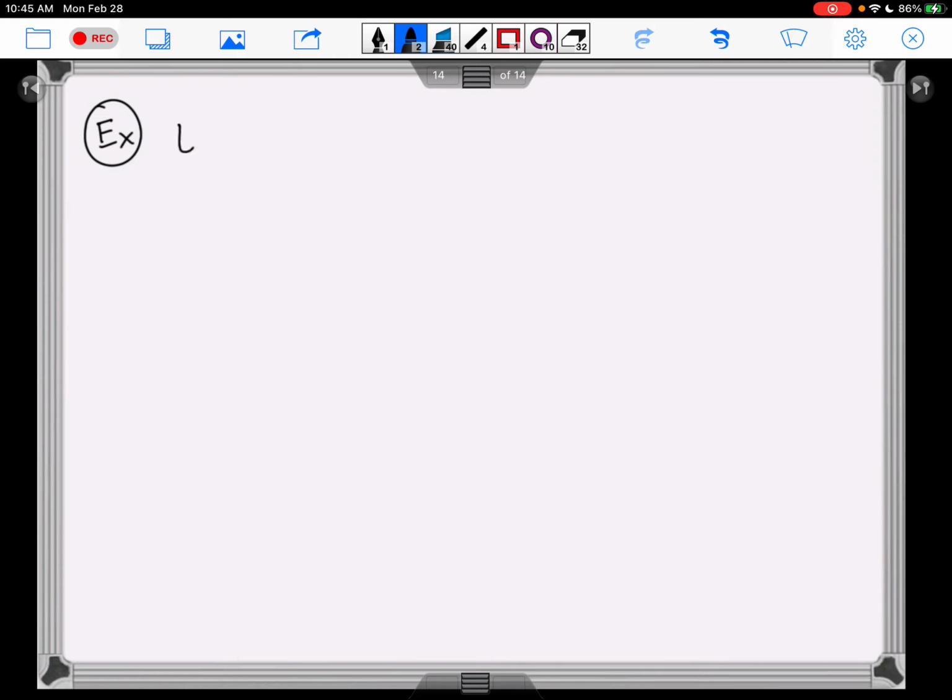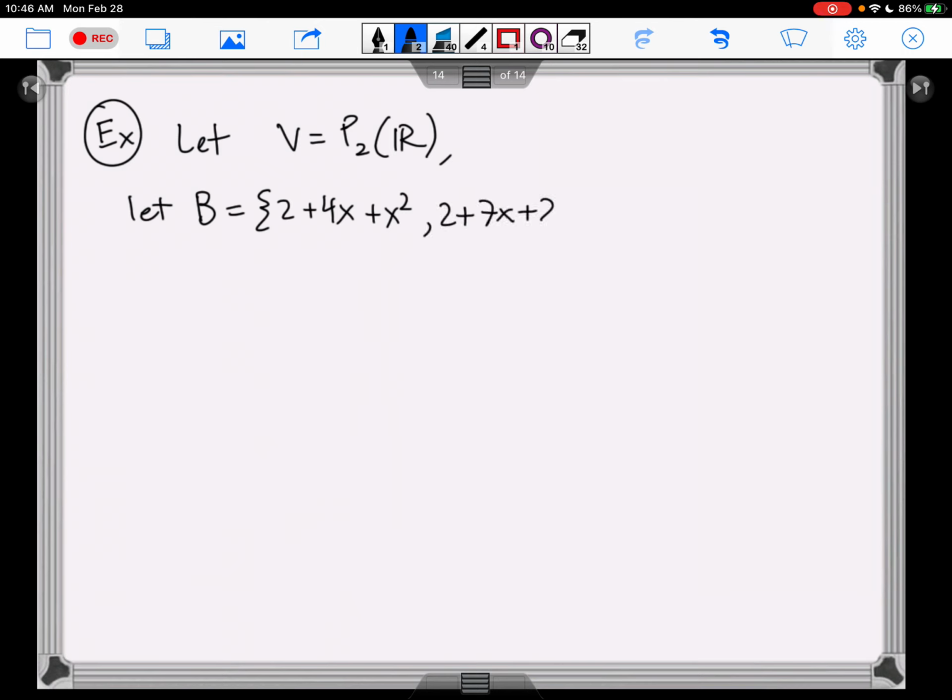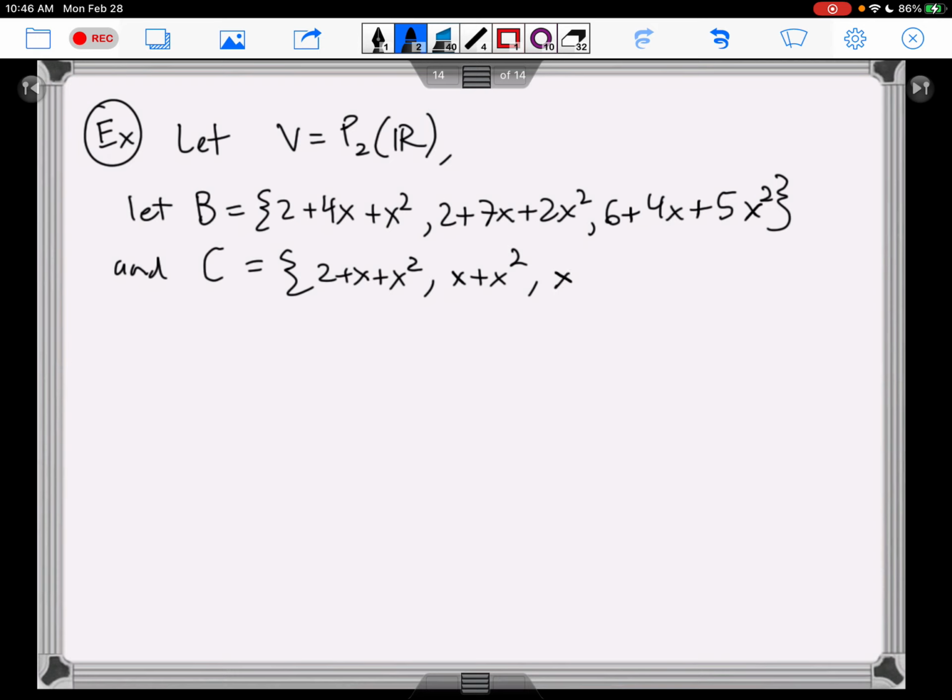Let V be P2R, and let B equal 2 plus 4x plus x squared, 2 plus 7x plus 2x squared, 6 plus 4x plus 5x squared, and C is going to equal 2 plus x squared, x plus x squared, and x, and these are both ordered bases for V.